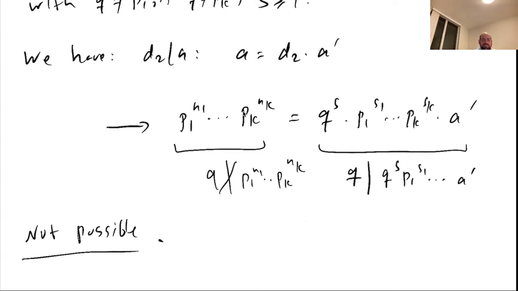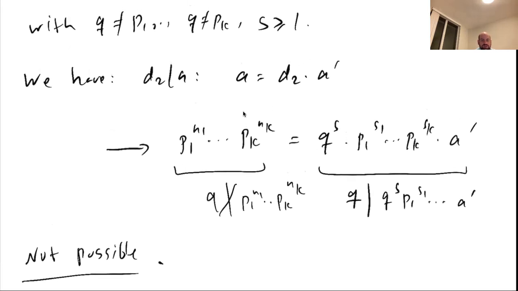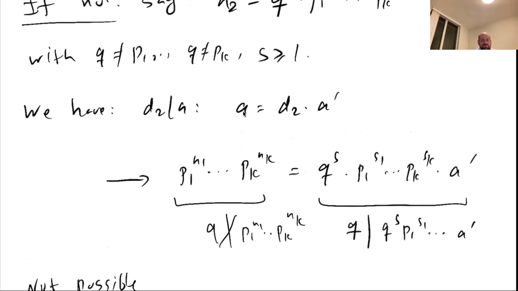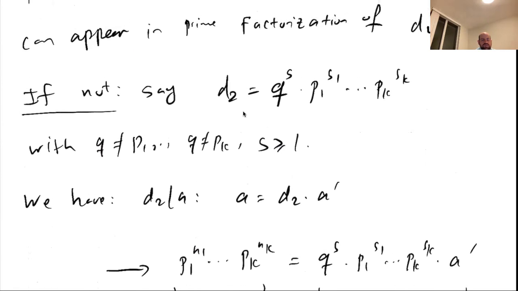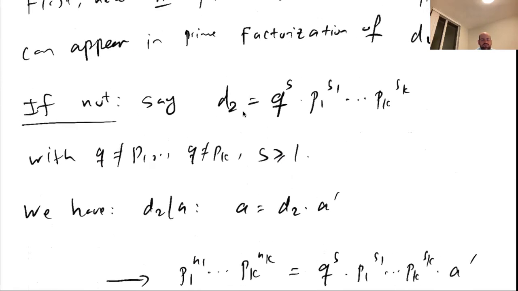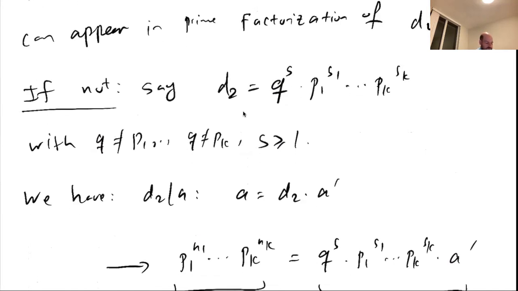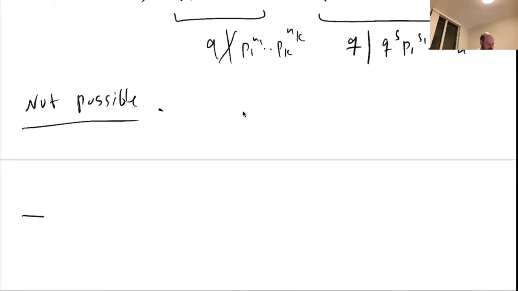The left-hand side is not divisible by prime number Q. Right-hand side is divisible by prime number Q. So these two cannot be equal, which means that in the prime factorization of D2, I cannot have any number other than P1 to Pk appear. So that means D2, in the prime factorization, only P1 to Pk can appear.